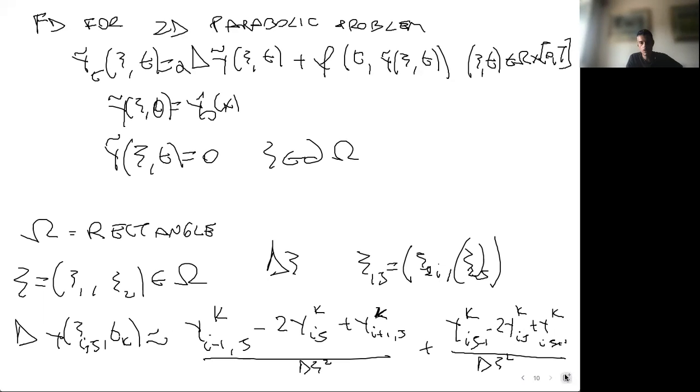So with compact notation, we can actually define a matrix A, which is 1 over delta ξ squared times a matrix which is still a tridiagonal matrix, but this is blocked.